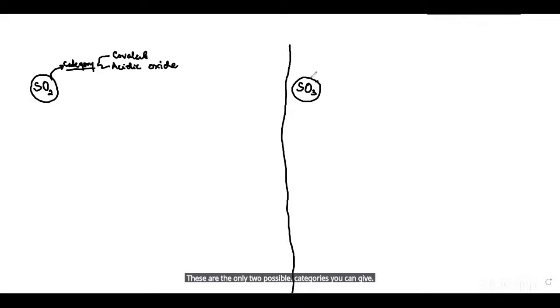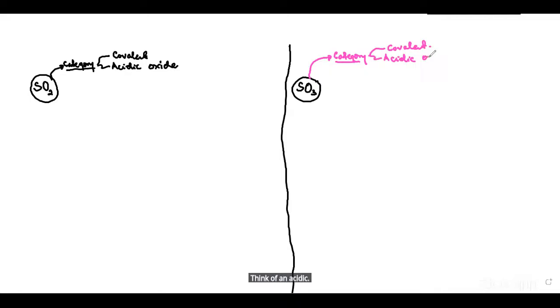When it comes to sulfur trioxide and we request for category, you can think of still covalent. If not covalent, think of an acidic oxide. So those two, the first area is shared amongst both of them.